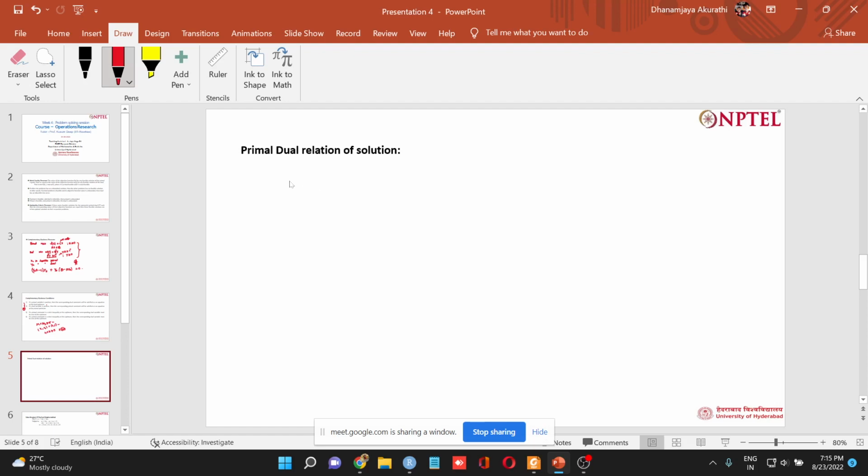Suppose the optimal solution of the primal is: the basic variable solution xB equals B inverse into b, where b is the RHS, that means the basic variable values, and B inverse is the basis inverse, as you know.